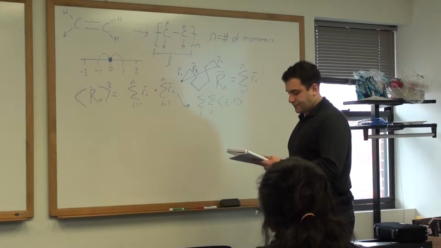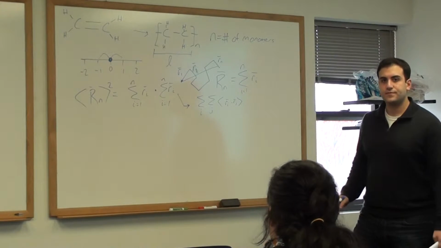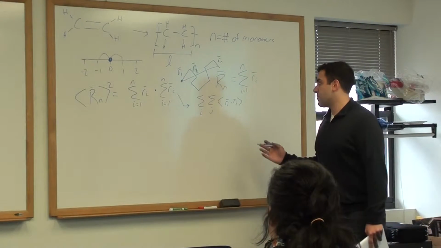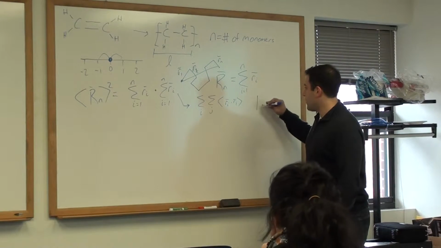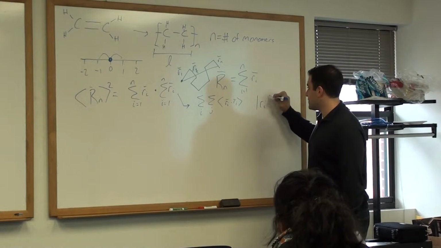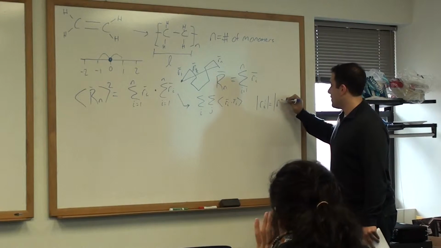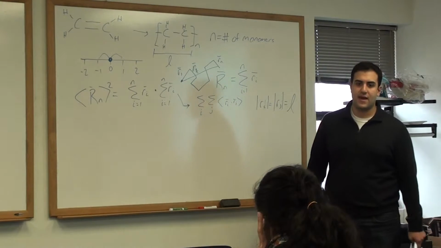Now, we know that these step vectors are equal to the bond length L. So what we can do is go ahead and equate the absolute value of each i step vector to the absolute value of each j step vector, which is equal to the bond length, L.